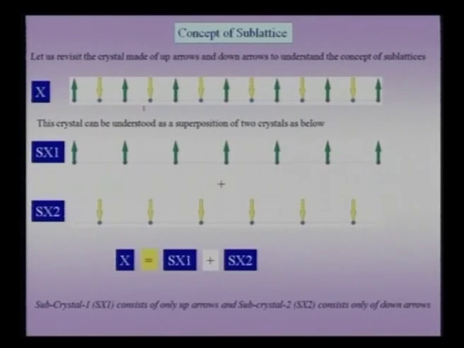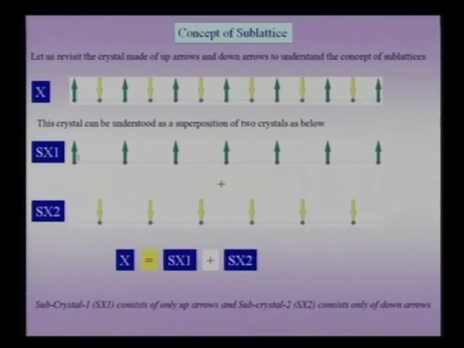Now, let us try to describe this crystal in the language of sub-lattices, and to do so I will split up this crystal into two halves, and both of them obviously are infinite because the crystal itself was infinite. So, I have a sub-crystal 1 which is made up of only green arrows, and a sub-crystal 2 which is made up of only yellow arrows.